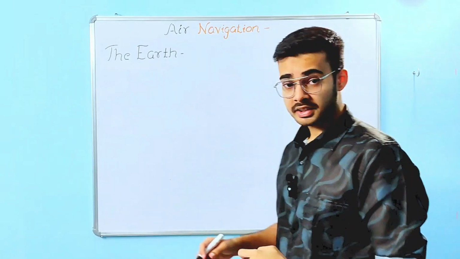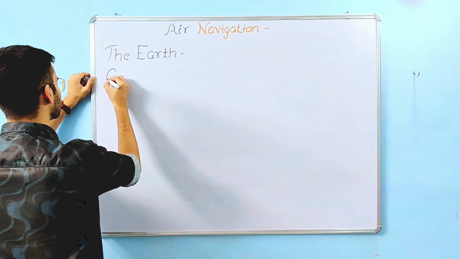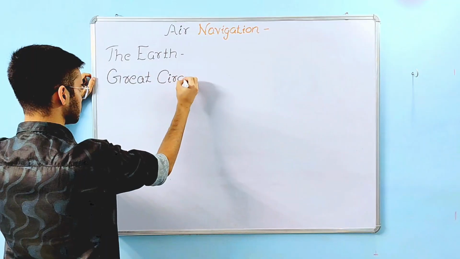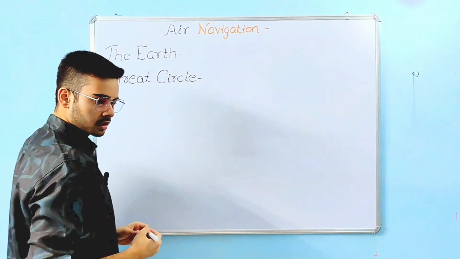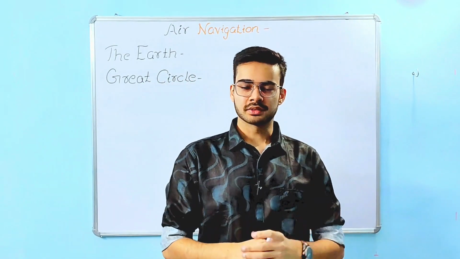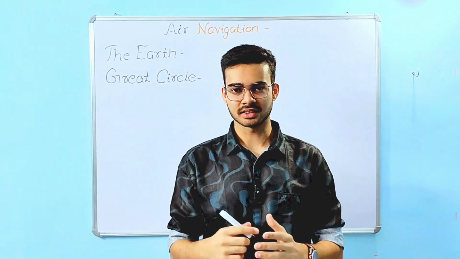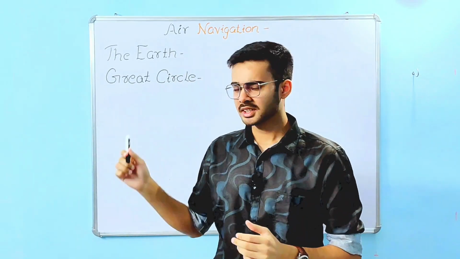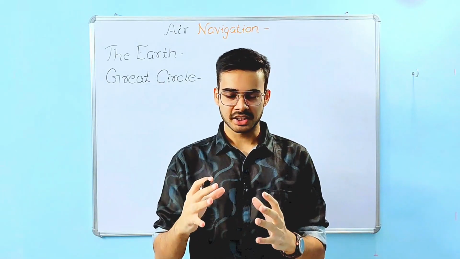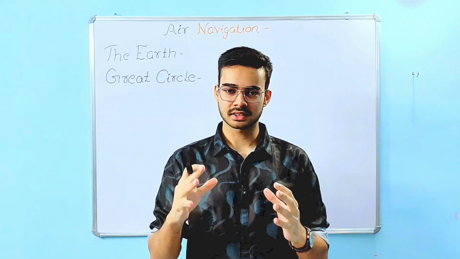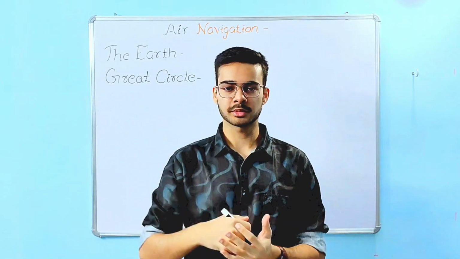So let's begin the great circle. What is the first thing that comes to mind when we hear this term, great circle? कोई महान circle होगा, something very great. So what's so great about it? Well, it is the biggest circle that could be drawn on the surface of the Earth, and it divides Earth into two equal hemispheres.